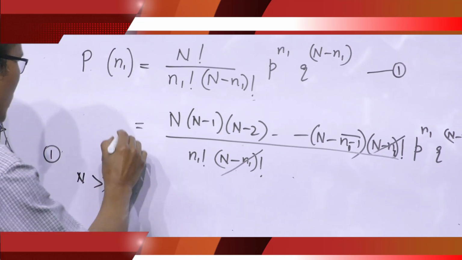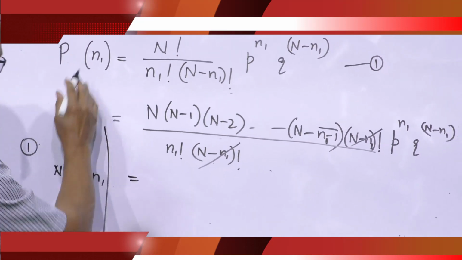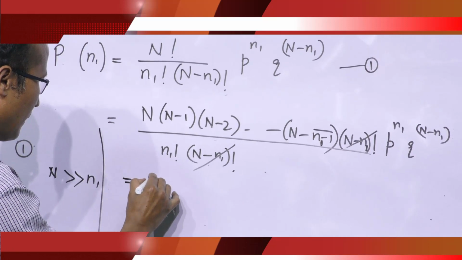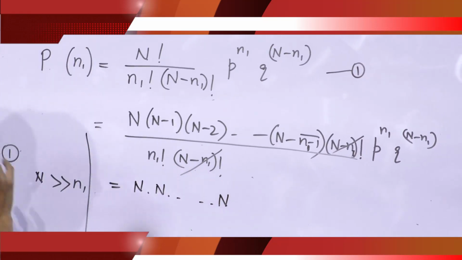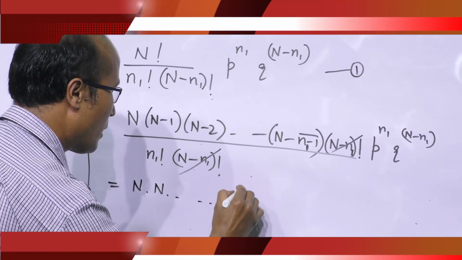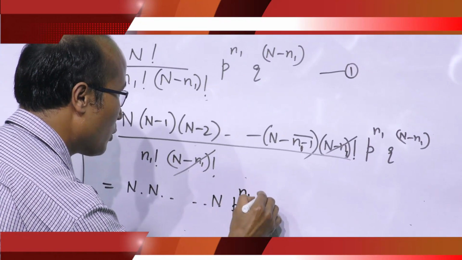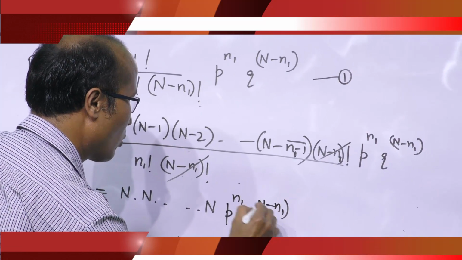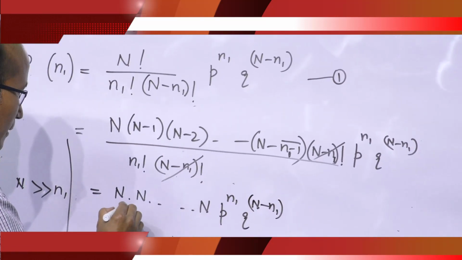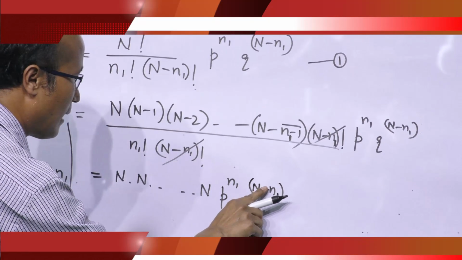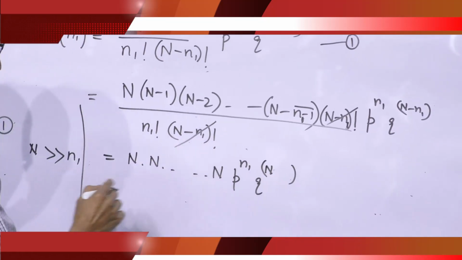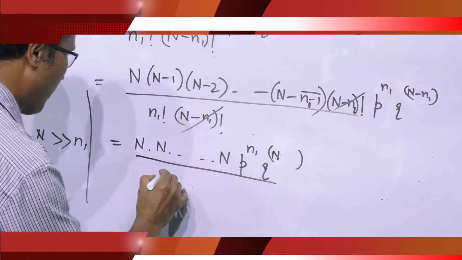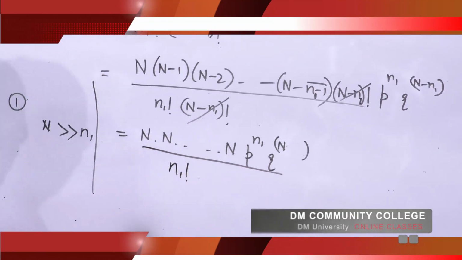Under this condition, we have P of n1 equal to n to the power n1 times p to the power n1, q to the power capital N minus n1, divided by n1 factorial.